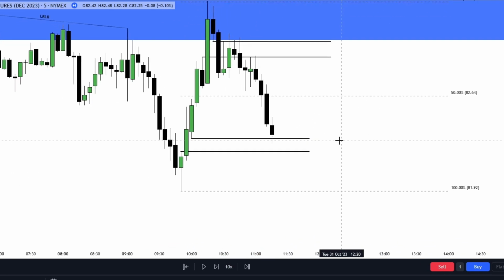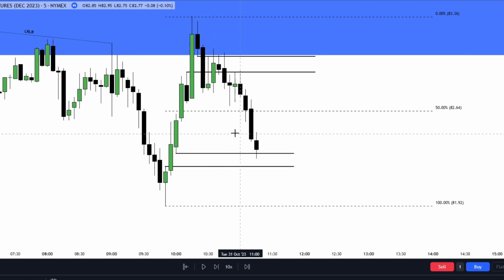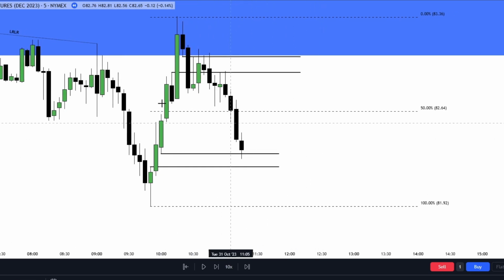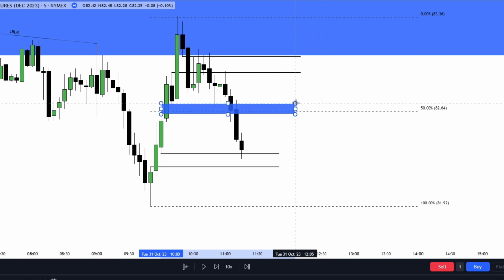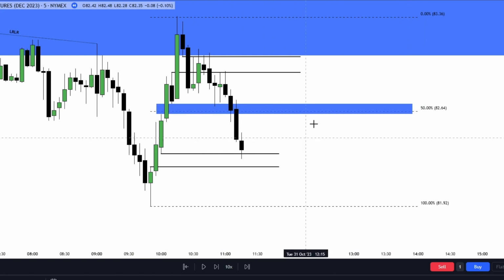You could have also targeted this fair value gap, which is right in equilibrium, as your final take profit.